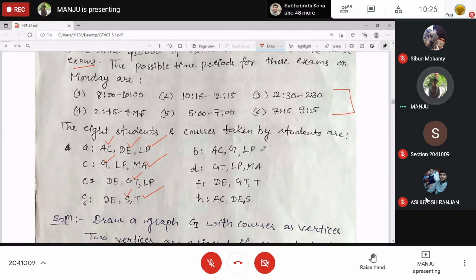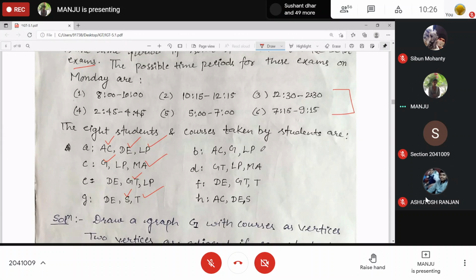So what will you do? Just draw the graph first. How will you draw the edges? The relation is whenever there is a common student.